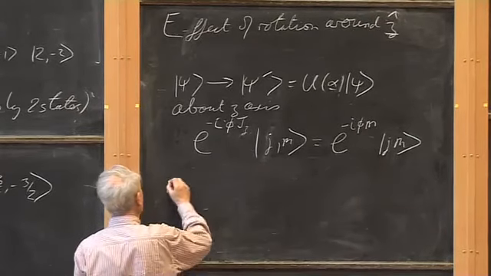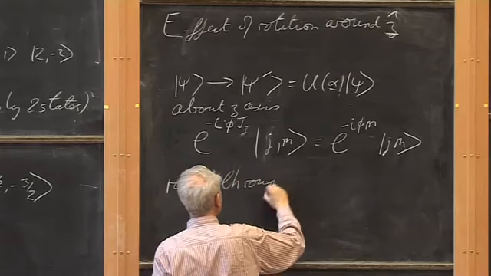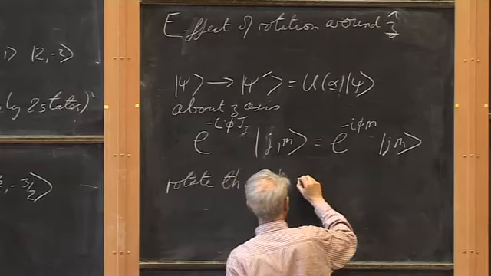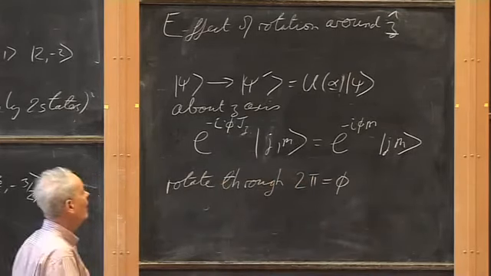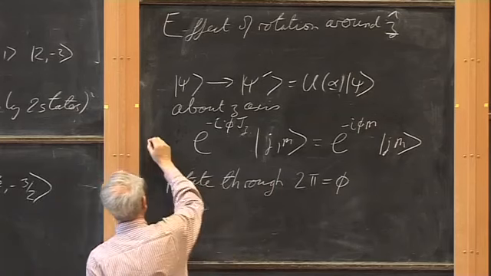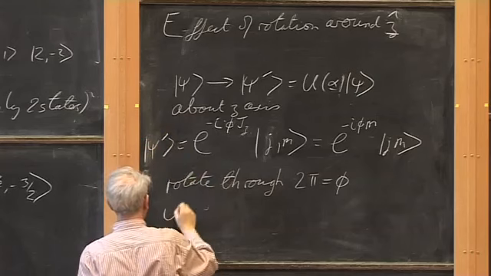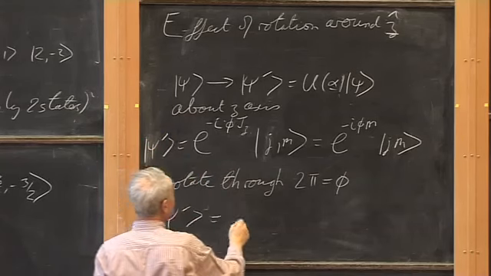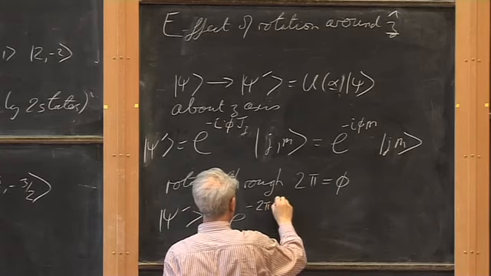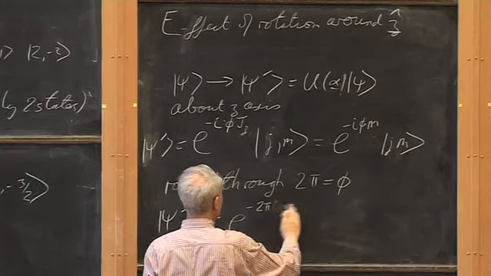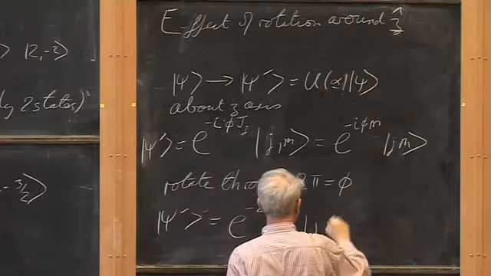So if we rotate through 2 pi, if we rotate the thing completely around, so if we put phi to 2 pi, we'll call this psi primed. Psi primed is going to be e to the minus 2 pi i m times jm.